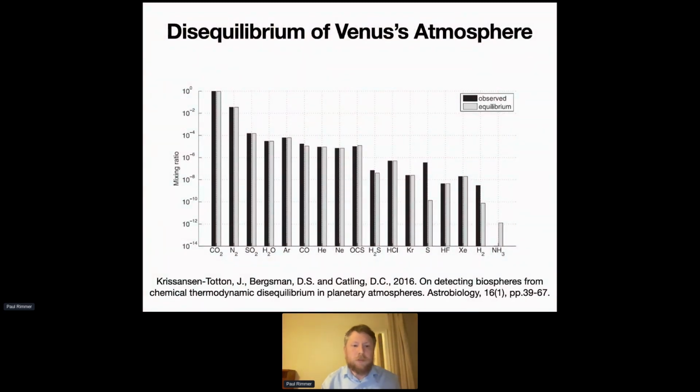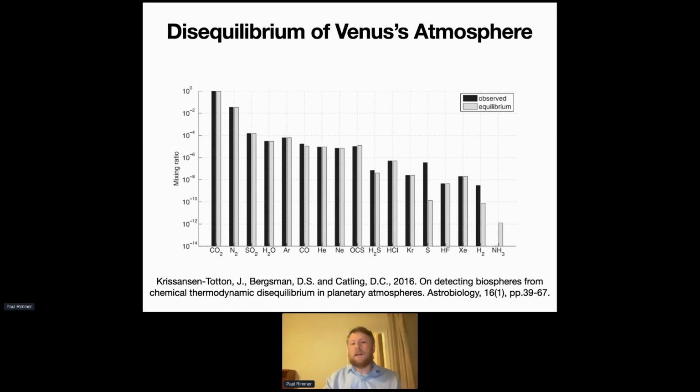This is the results shown in this particular paper. And you can see that when you start looking at the sort of surface abundances and what you would expect given equilibrium for these surface abundances, it looks like Venus's atmosphere is very close to being in equilibrium. And so if you're looking at a degree of disequilibrium as a sign of life, you would say, well, there's not much of a sign of life in Venus's atmosphere.